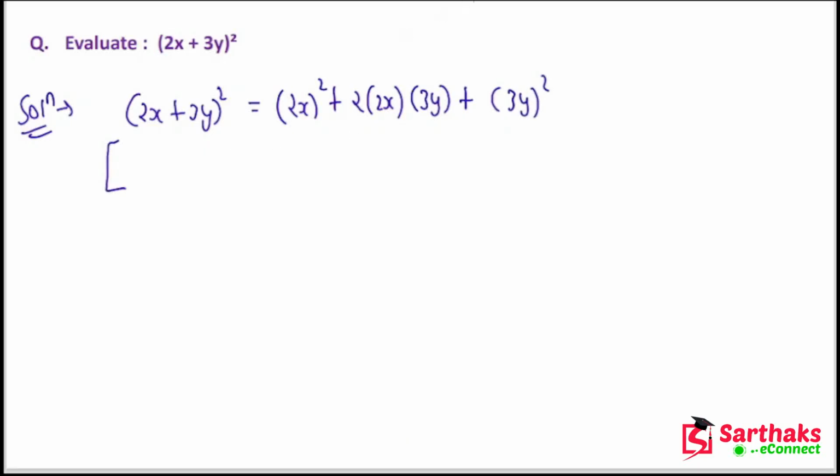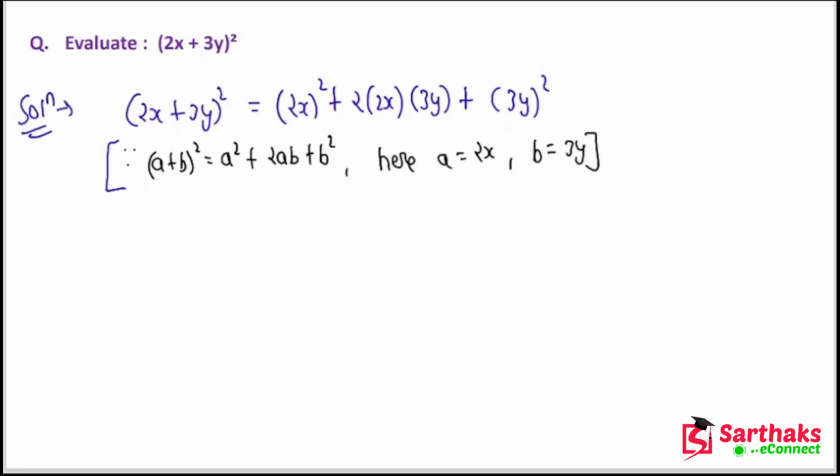So what is the identity I have used here? Since (a plus b) whole square is equal to a square plus 2ab plus b square, and here you can see a is 2x. 2x is performing the duty of a and 3y is performing the duty of b.